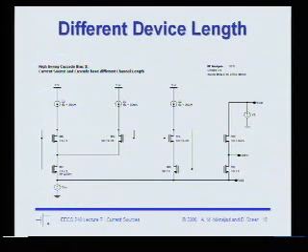Okay, and then there's a final example here, which is almost the same thing. Same concepts, right? Now these structures start to look familiar to you. You have this structure, which generates an overdrive in triode region, right? You've got this structure, which is just to give us the same voltage here. And the difference is that this particular mirror allows us to have different lengths on the cascode device.